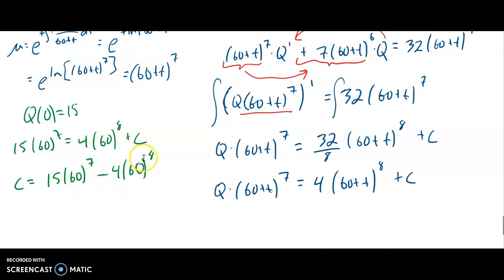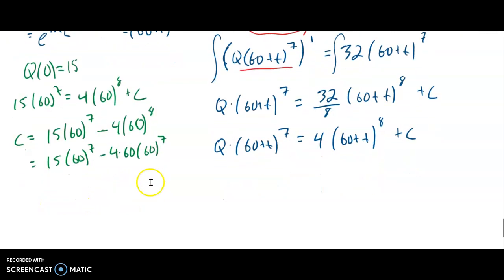But I have a 60 to the 8th, and there is a 60 to the 7th in there. So what I'm going to do is write this as 15 times 60 to the 7th minus 4, and I'm going to rip one of these 60s out, times 60, and be left with 60 to the 7th here. 4 times 60 is 240. I'll show the work.